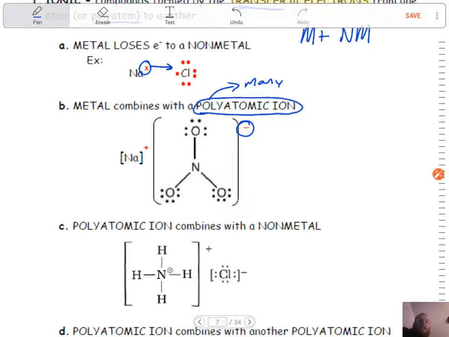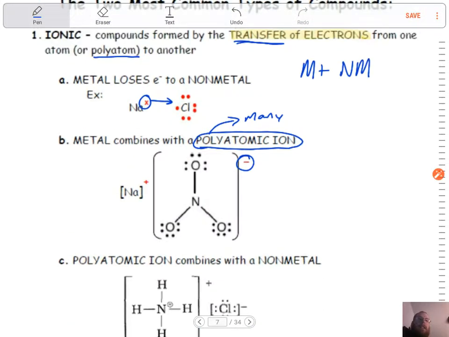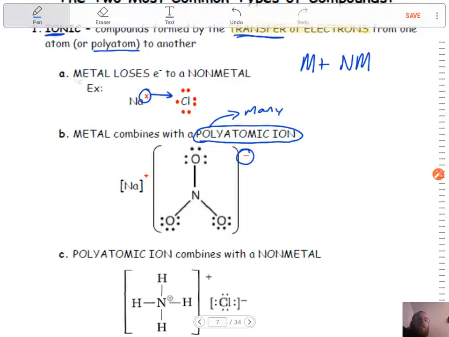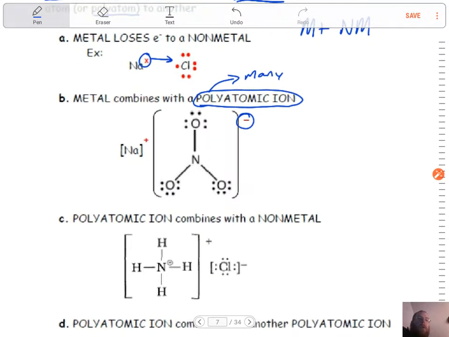If you see something like this where you've got charges, think, again, ionic compounds have that keyword ion in there, so they're going to have ions. Up here in A, the metal becomes a cation, and the nonmetal becomes an anion. So you always have ions taking place, and you'll see those in the structures themselves.